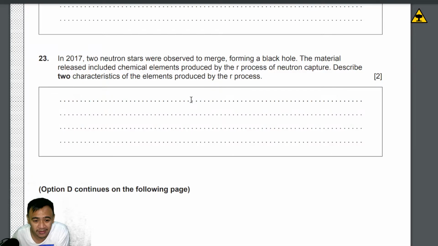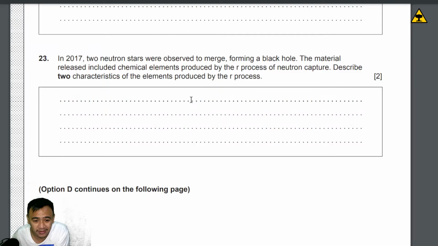Two characteristics. I remember we mentioned this. Let's see if you can recall something about it. A rapid nucleon capture process. Exactly, R stands for rapid.